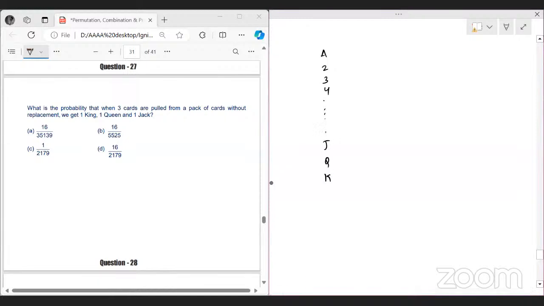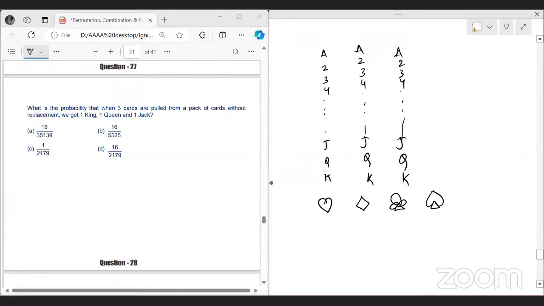This is with different shapes: heart, diamond, club, spade. Same thing for each suit.